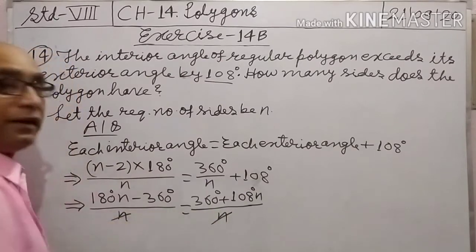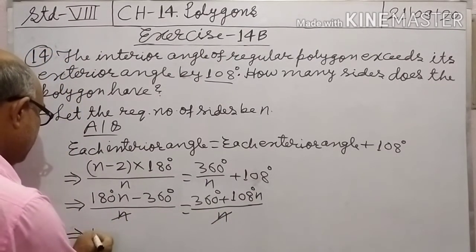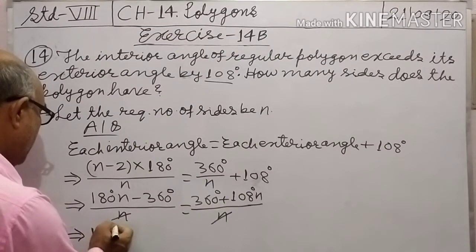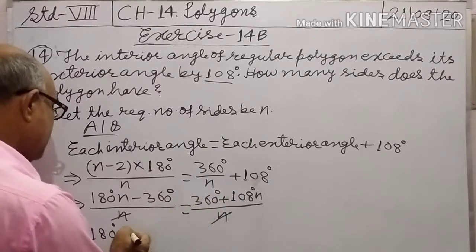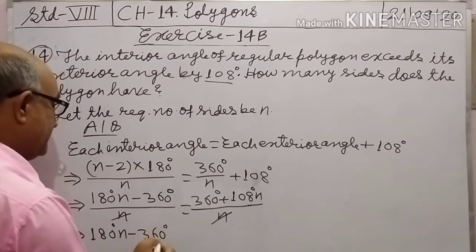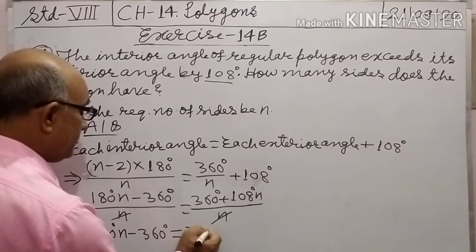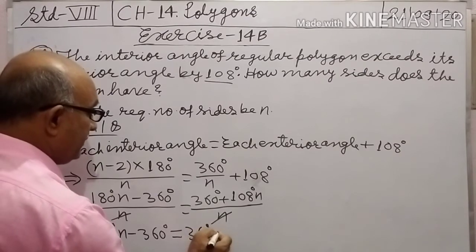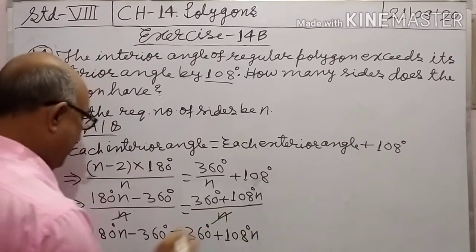Now n to n cancel. That implies 180 degree n minus 360 degree equal to 360 degree plus 108 degree n.